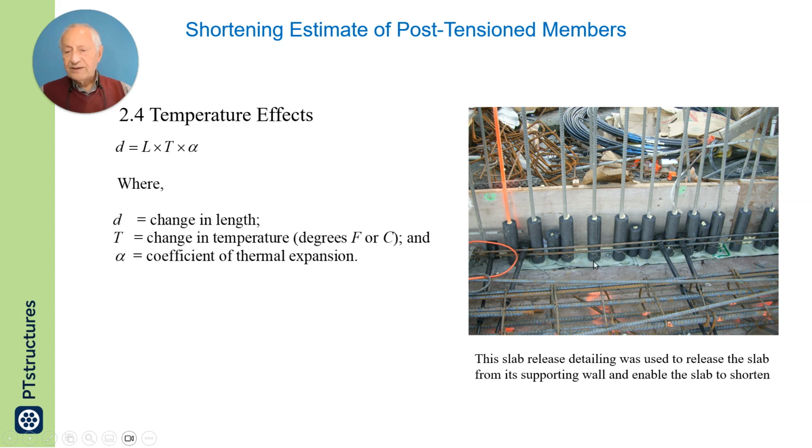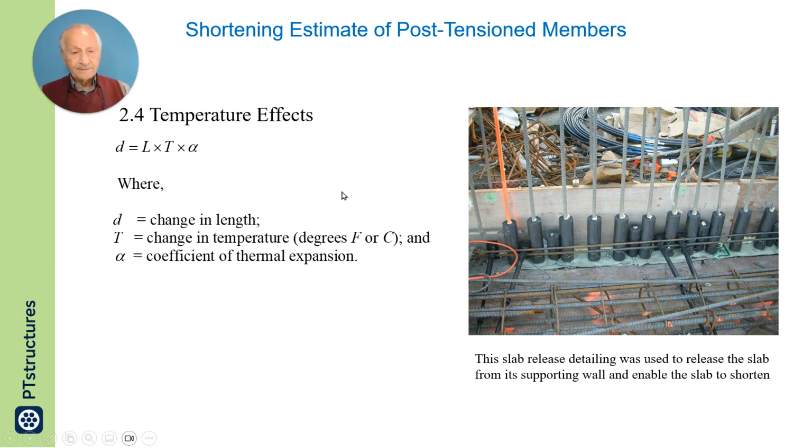The bond breaker you see over the wall allows the slab to move, and the rebar going from the wall below to the wall above is covered in a compressible substance, so that it will allow the slab to shorten when stressed, but keeps the continuity of rebar from below going to the top.